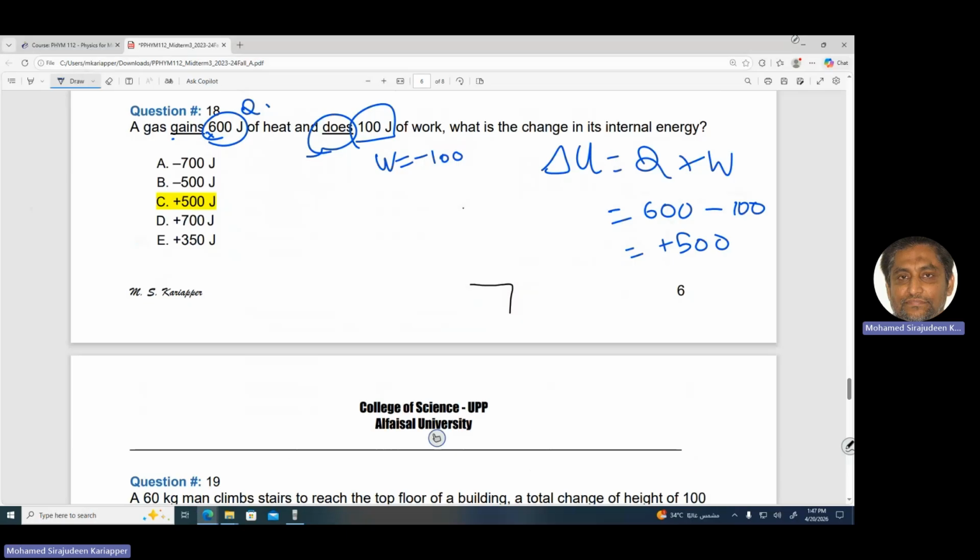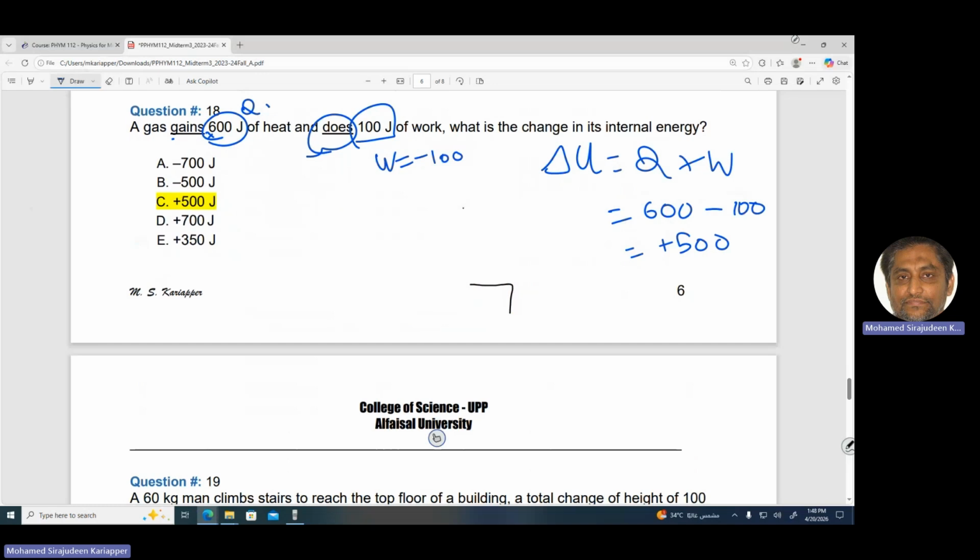So the work is done by the system. The gas is expanding. If you look at our model system, the gas is pushing the piston out. So the gas is doing the work, not you doing the work on the gas. So the amount of work is 100 joule, but it is done by the gas, not on the gas.